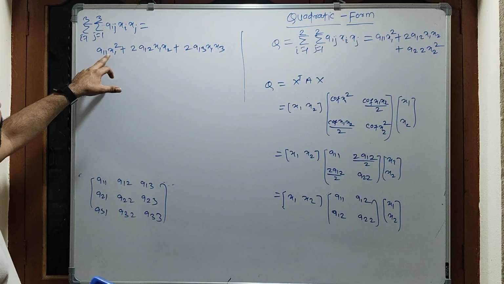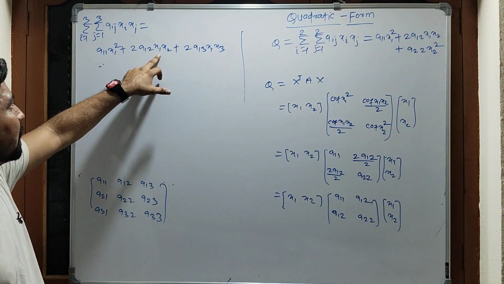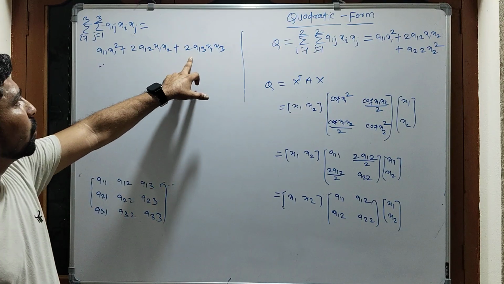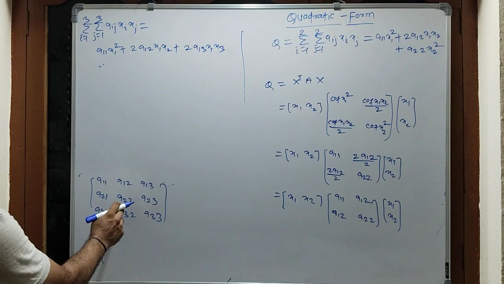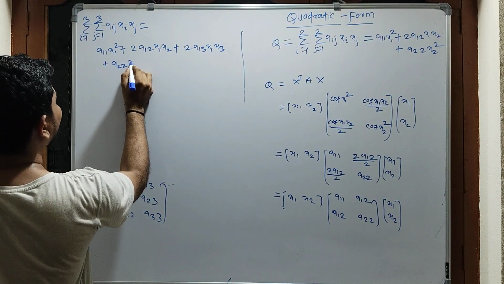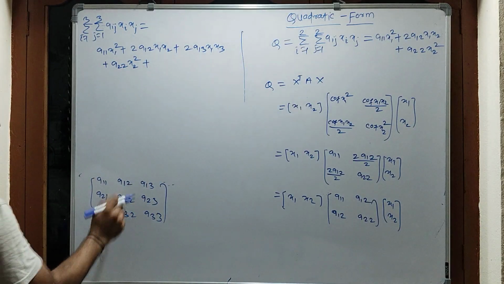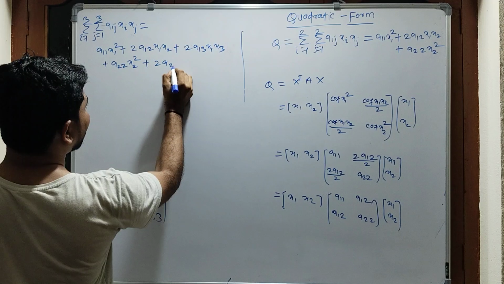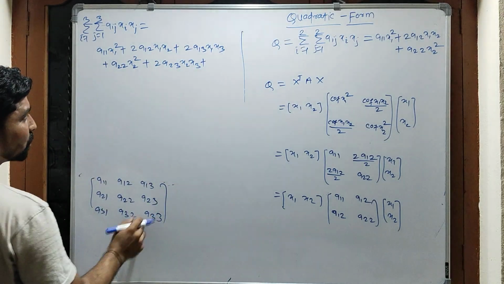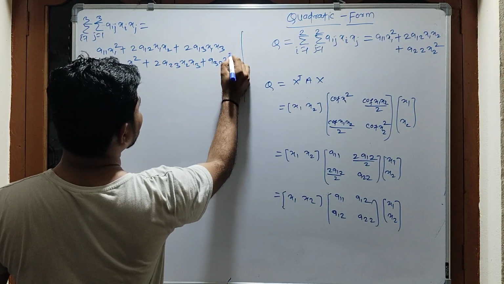So a11 x1 square, plus 2 times a12 x1 x2, plus a13 is same as a31, 2 times a13 x1 x3. Now come to this position, plus a22 x2 square, plus, now come to this, a23 is same as a32. Here 2 times a23 x2 x3, plus, now come to this position, a33 x3 square.